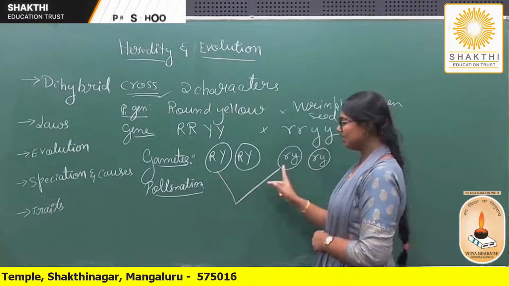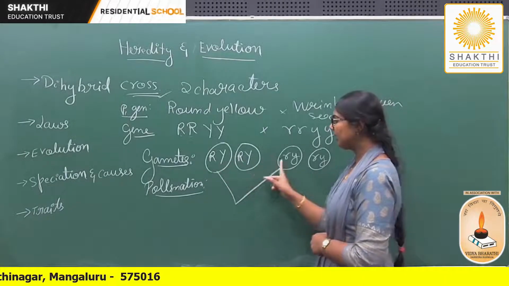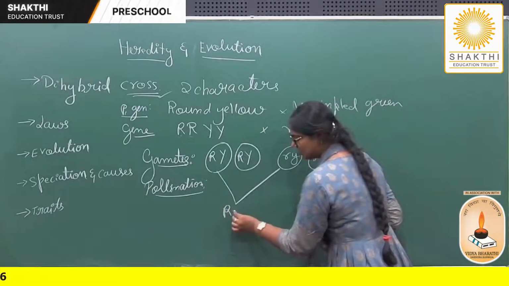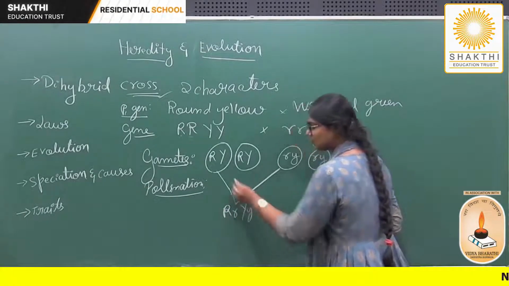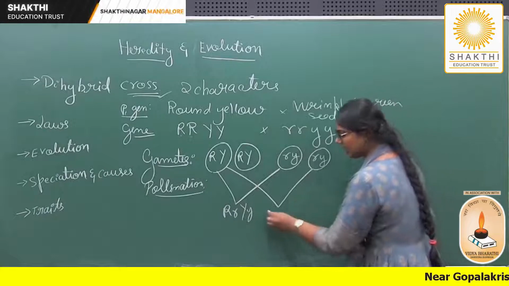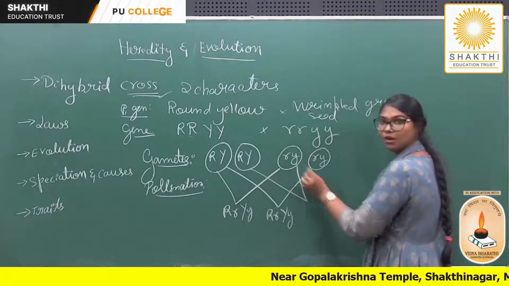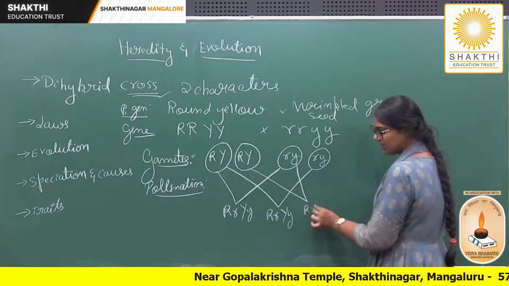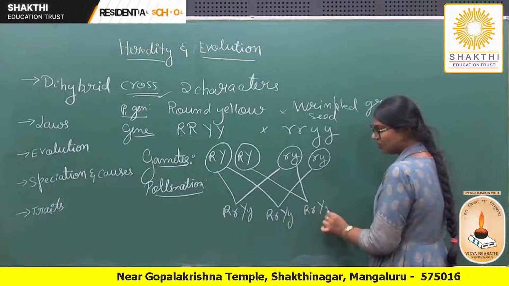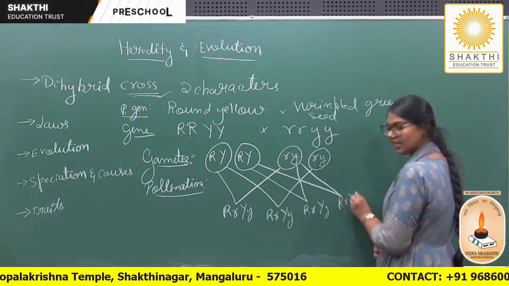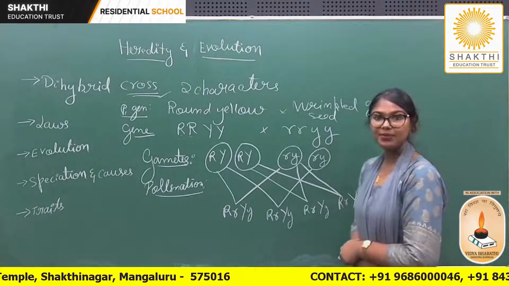First gamete meeting the first gamete, that is capital R, capital Y, small r, small y. Second, we have capital R, capital Y, small r, small y. Third, also capital R, capital Y, small r, small y. And the last, capital R, capital Y, small r, small y.